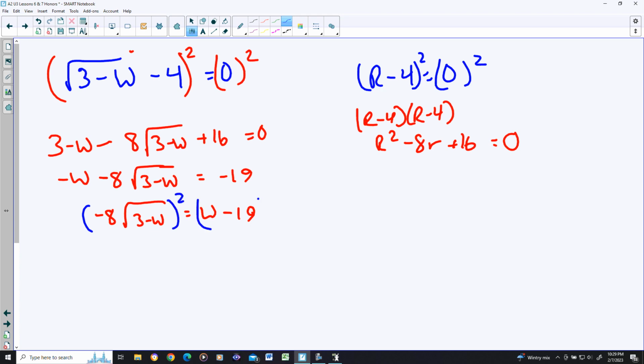This is the power of a product property that does this. So what I end up with is 64 times 3 minus w equals w squared minus 38w plus 19 squared, 361.